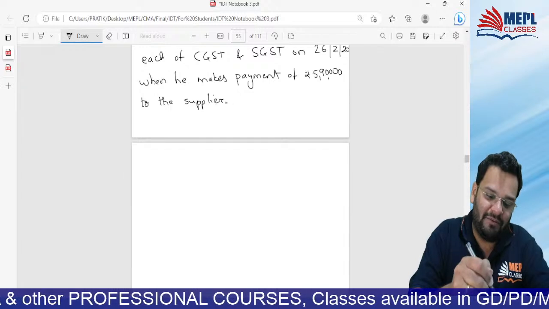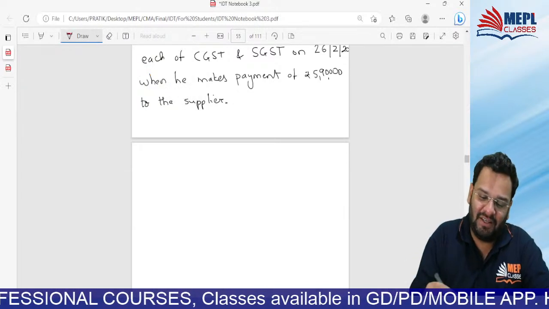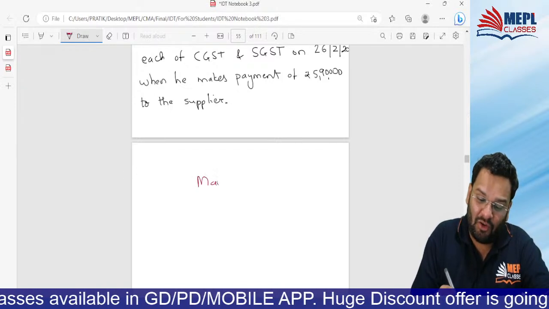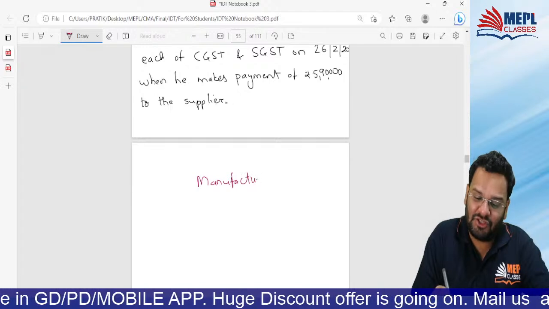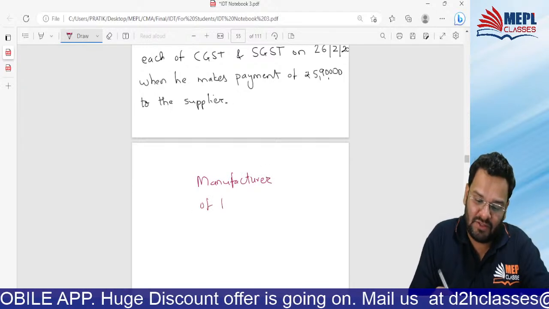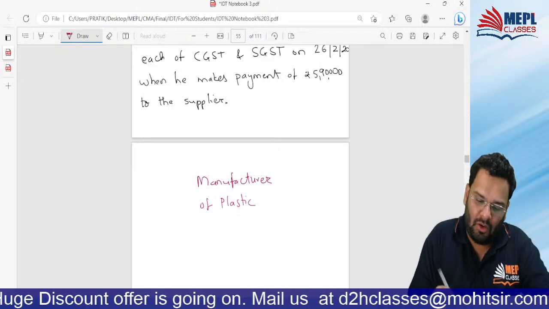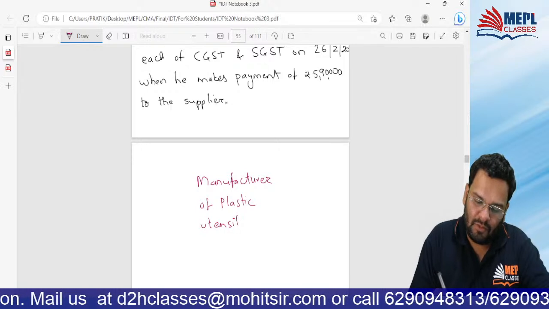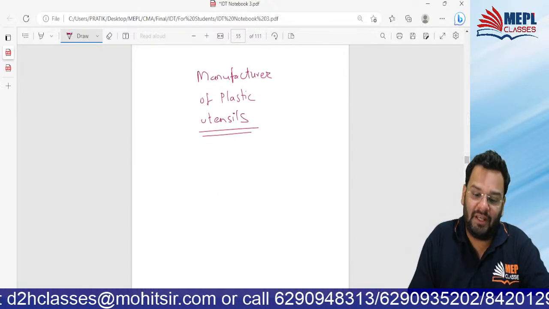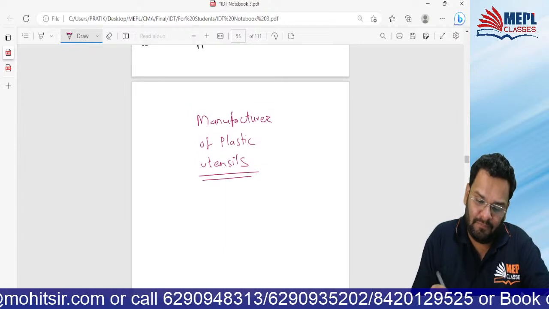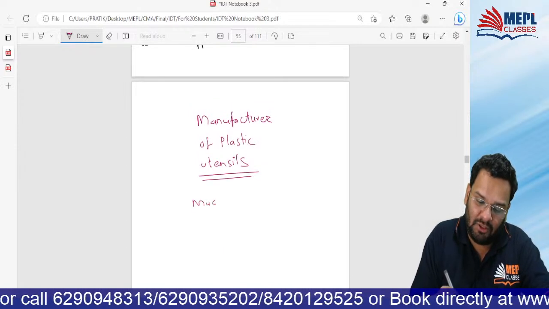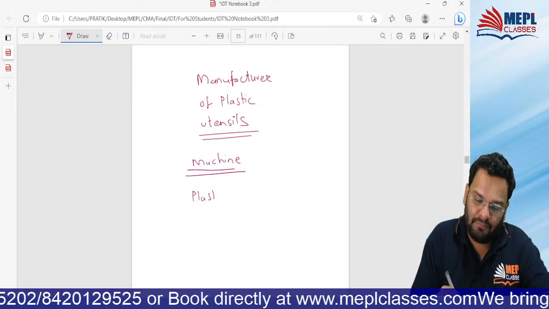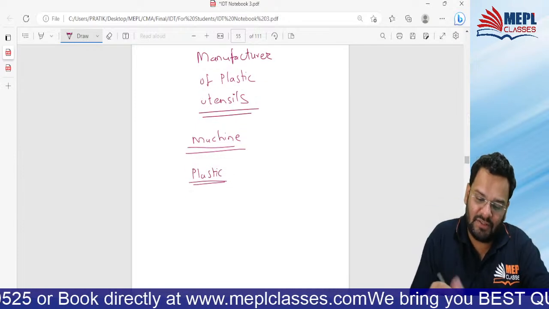Agreed? What example are we taking? A very simple example. There is a manufacturer of plastic utensils. So what inputs is he needing? He is needing machines, meaning capital goods. He is needing plastic granules. He is needing stationery.